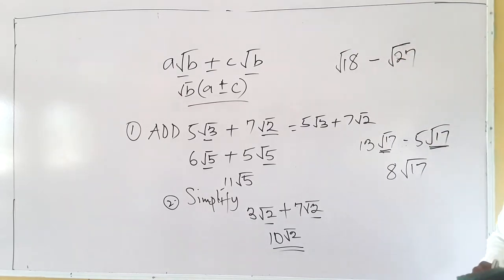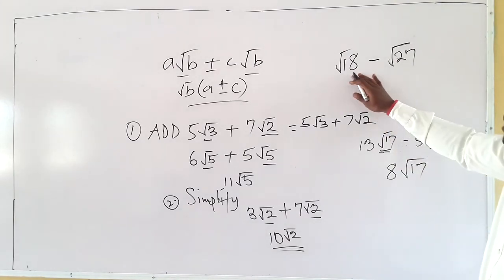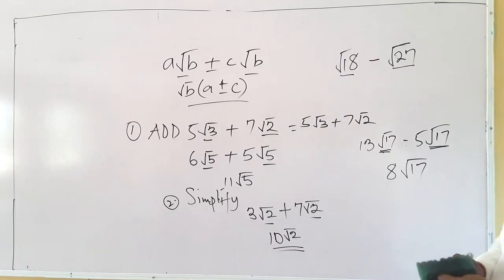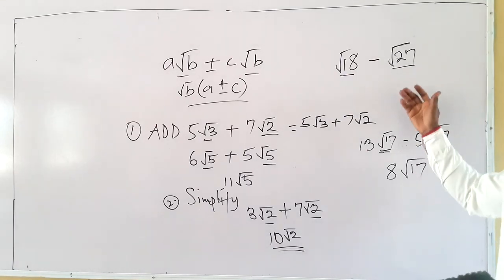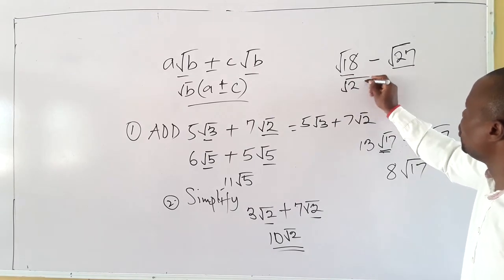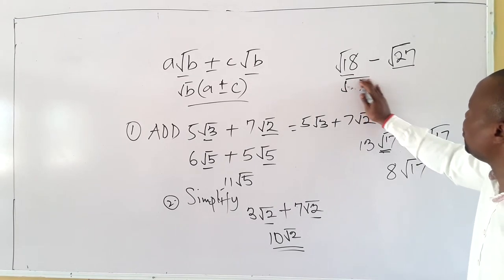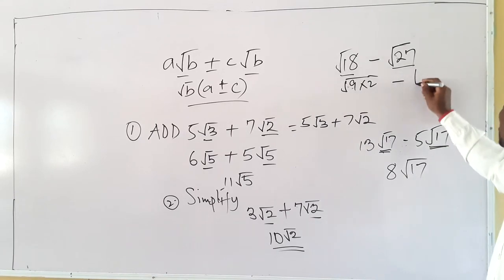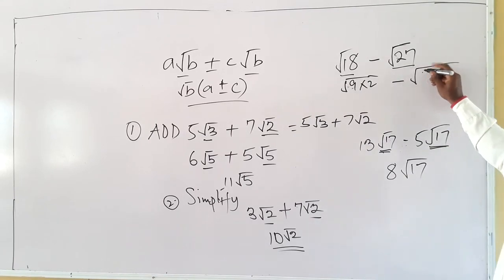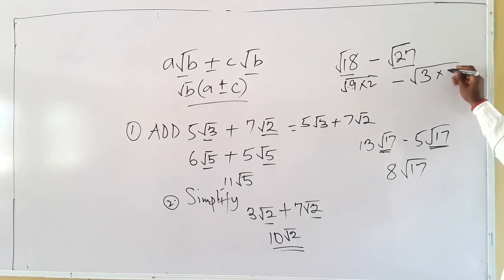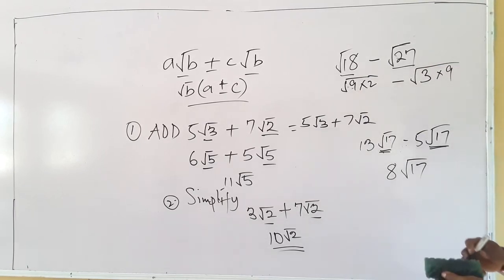In this case, we can see that the two bases are not the same, but we can make them the same. How do we do that? We know that root 18 is the same thing as root of 9 times 2, minus root 27, which is the same thing as root of 3 times 9.